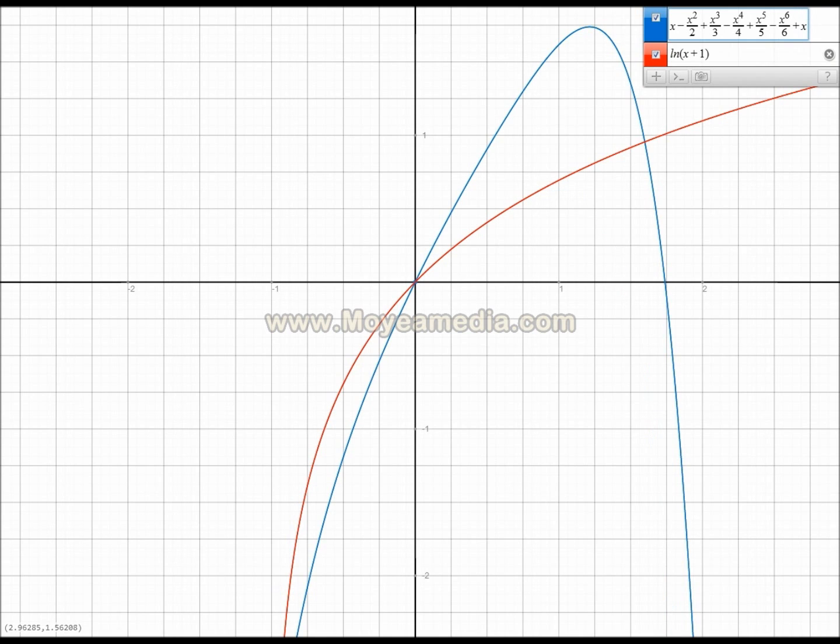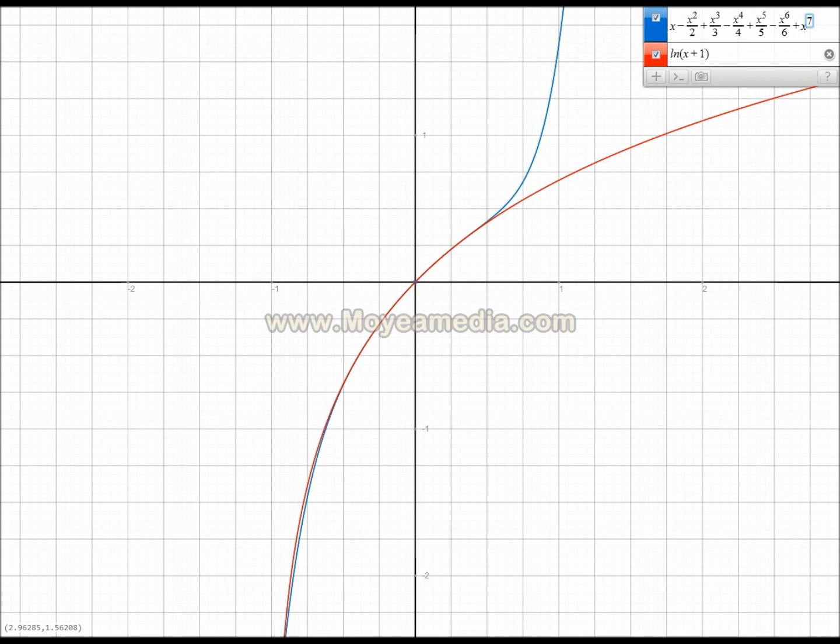Plus x to the 7th divided by 7. Not too shabby. Minus x to the 8th divided by 8. Look at that, we're getting a little bit closer.